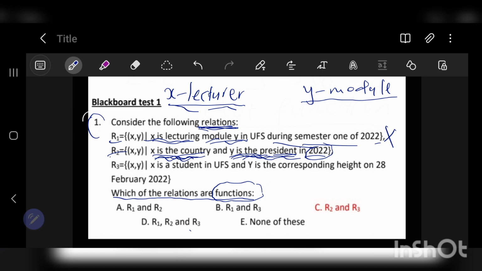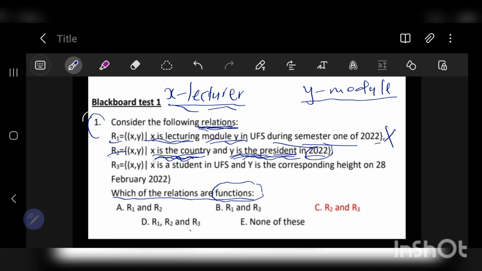So this qualifies it as a what? As a function, because one input, which is a country, can only have one output, which is Y, the president. So you don't have a situation whereby we have two presidents for one country.